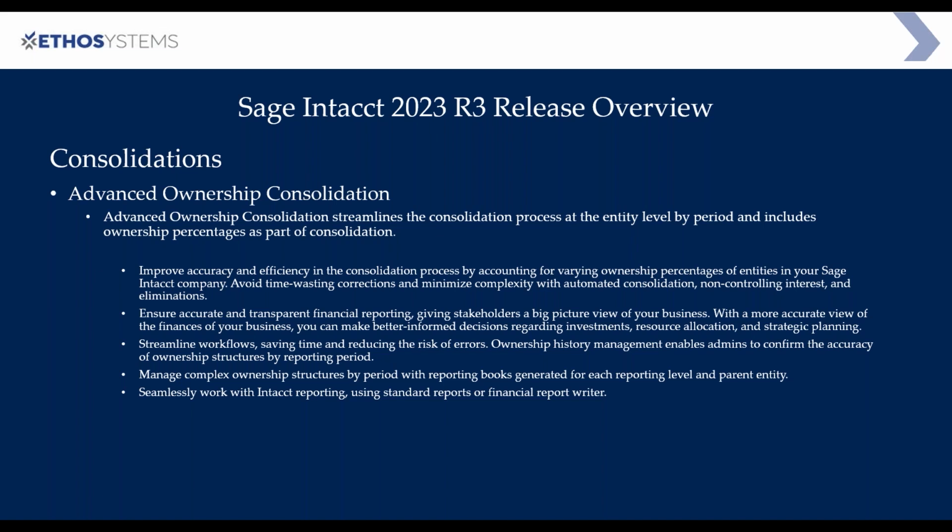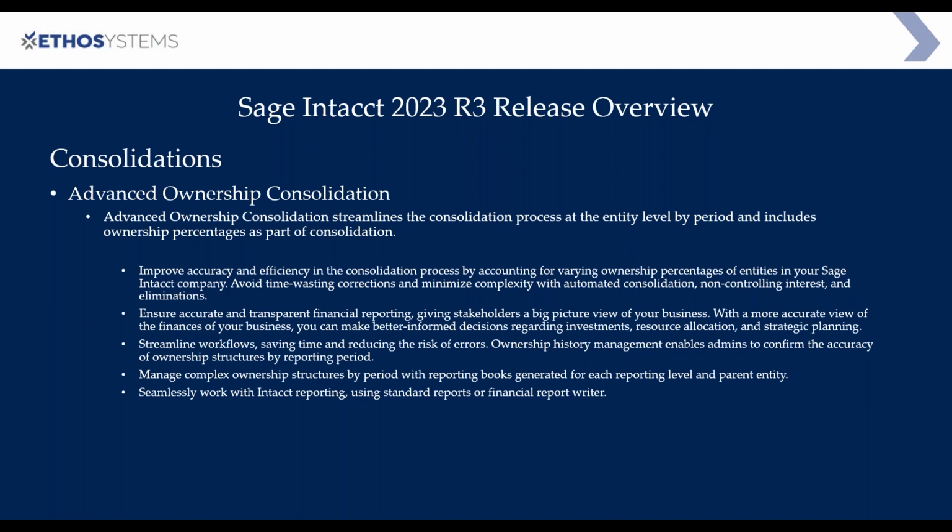If for some reason that ownership percentage changed from one period to another, it keeps track of all that information, so that even if you run a consolidation for a period in the past, it will still show you the correct ownership percentage of those transactions based on what the ownership was in that period of time.